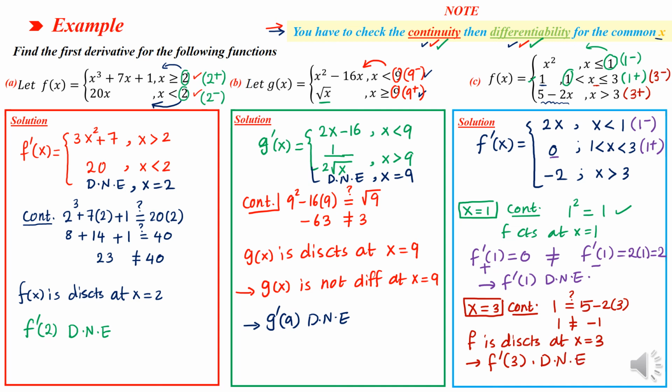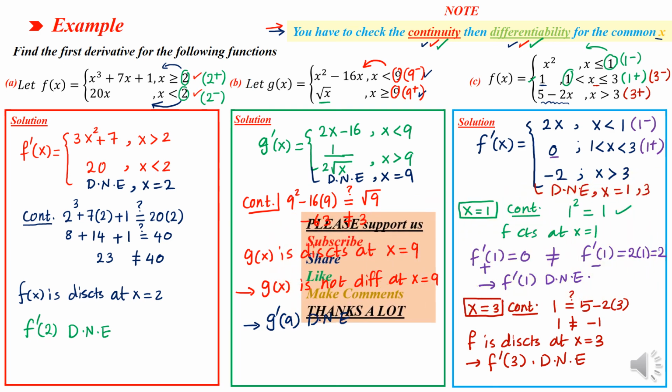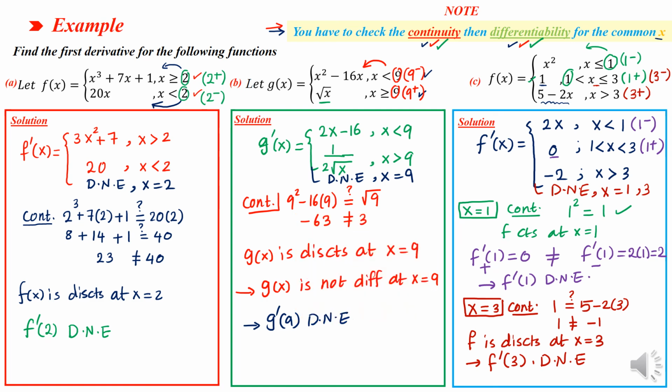So you can write here does not exist when x equals 1 and 3. So this is the idea. If you have a common x, you have to check the continuity first for x, then you have to check the differentiability for the common x, and that's it. Thank you.